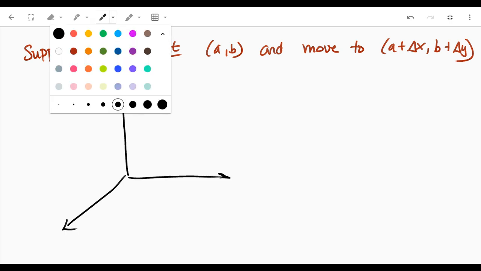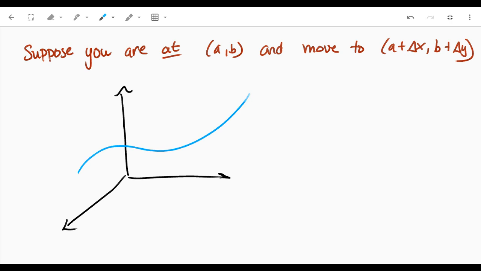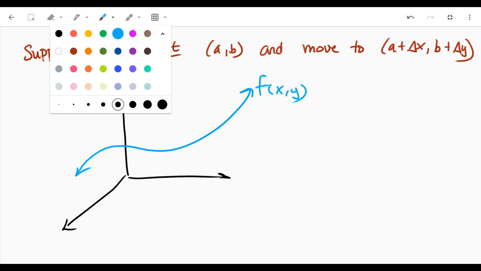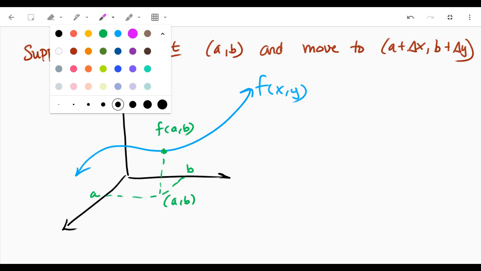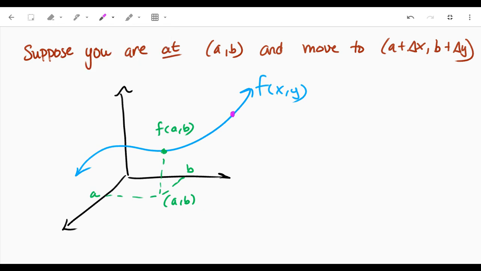Let's say we are on some curve. Okay, so let's say we are at this point here. Okay, and we move further down to another point, maybe this point here.